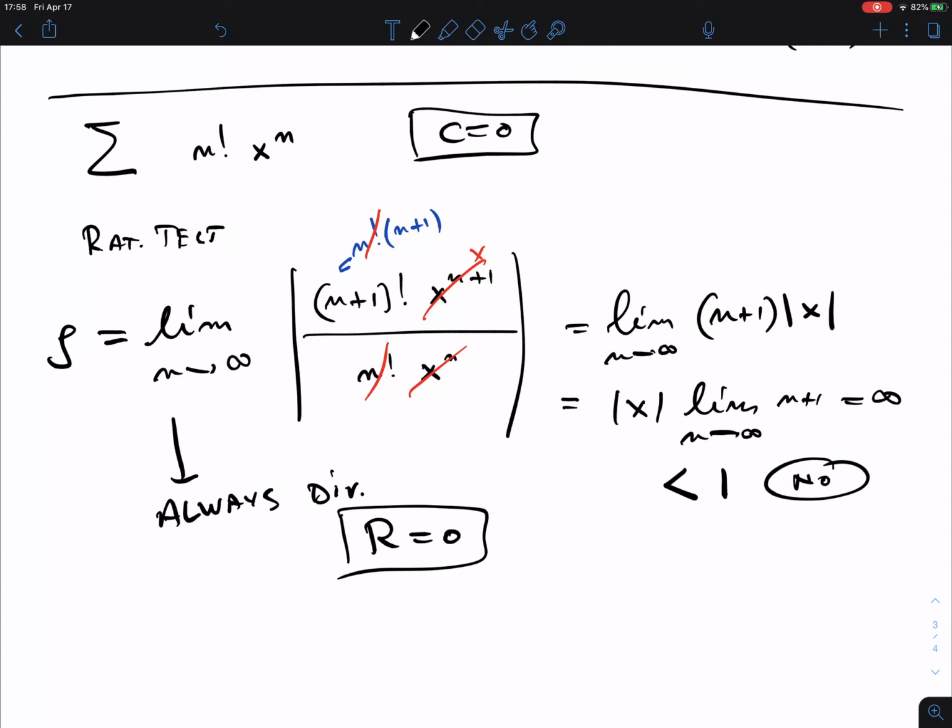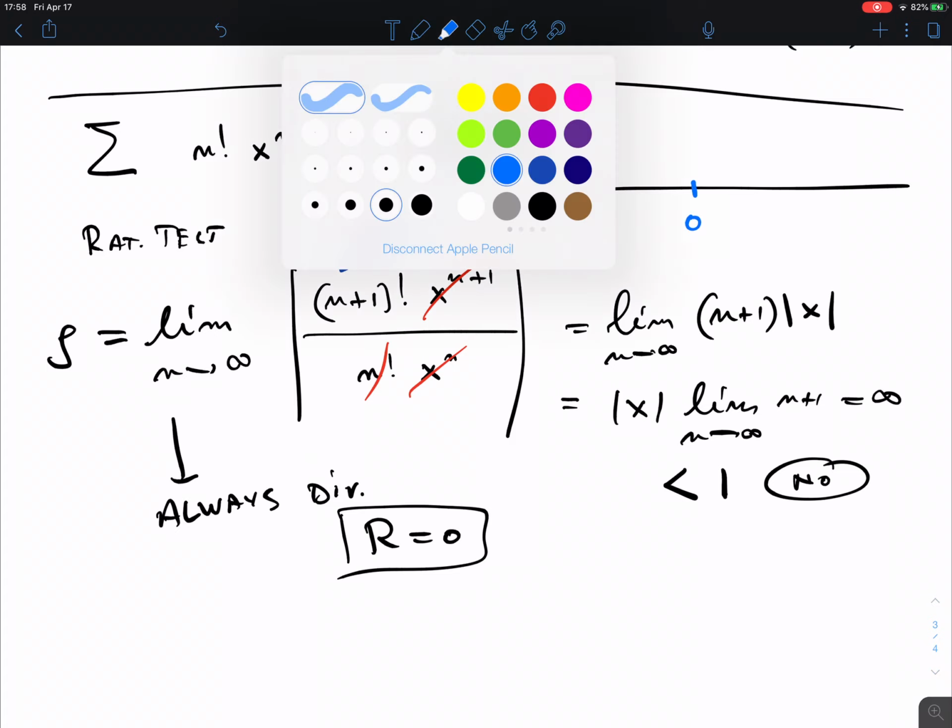That's for sure, right? You cannot go away from the center. But notice in the center, I can still plug in the center, right? If I plug in 0, well, everything is 0 except for the first term, the constant term. So the picture now is we have the center here in blue. We have a 0, but everything else is divergent.